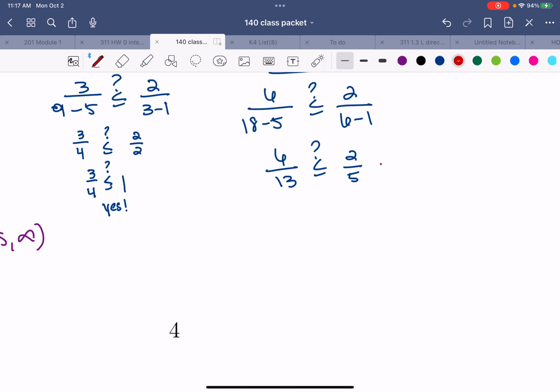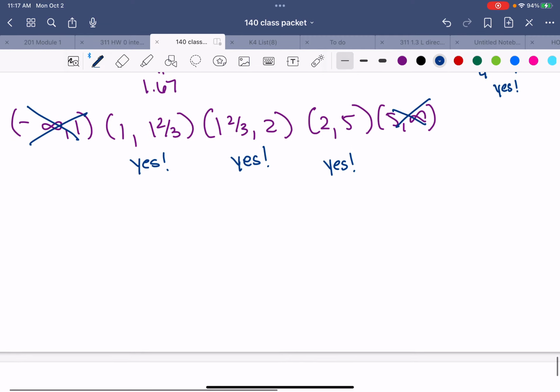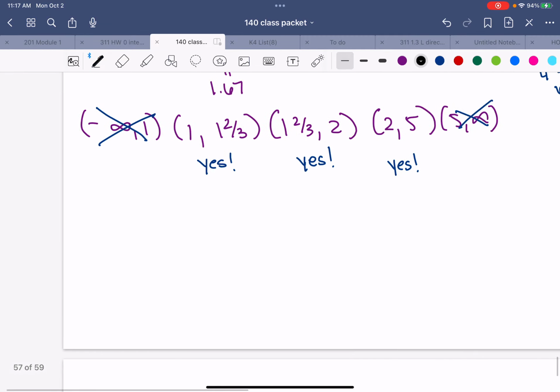We can multiply both sides by 13 and by 5. That way, 13s will cancel, 5s will cancel, and I get 30 is less than or equal to 26. That's a big no. Okay, so that one's not going to work. We're going to cross that one off. Now that we've tested all of our intervals, we can go ahead and put together our answer.